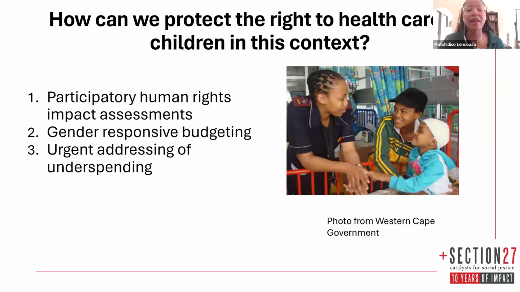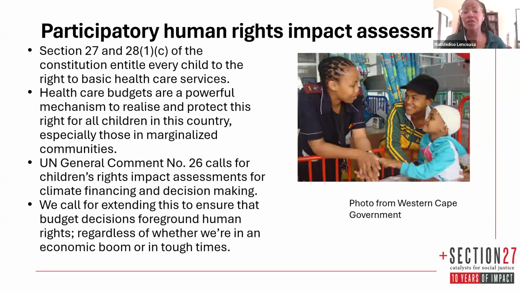Rather, we've advocated for ways to better position our budget, so that even in times of economic downturn, we're still able to protect the right to access healthcare for children in this country. The first way to do this is through participatory human rights impact assessments, as it really creates a bridge between healthcare budgets and the constitutional obligation of the country to realize access to quality healthcare.